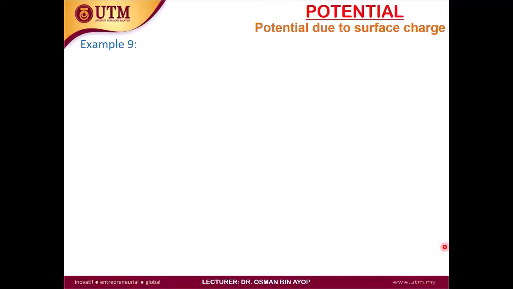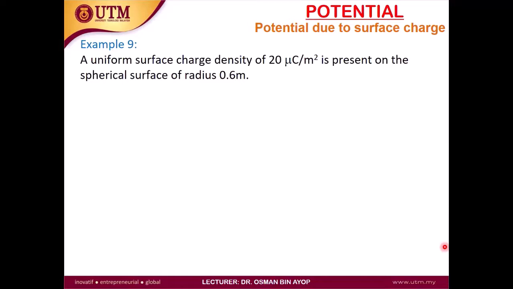Let's see example 9. A uniform surface charge density of 20 microcoulomb per meter squared is present on the spherical surface of radius 0.6 meter. The question, find potential at this coordinate.